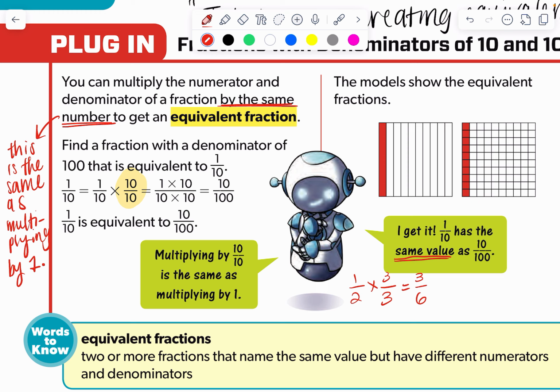Let's say I chose to multiply 1/2 by 5/5. That would give me an equivalent fraction of 5/10.